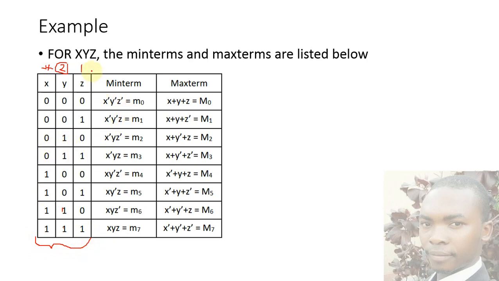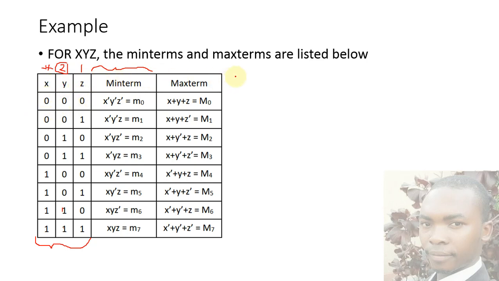Okay, now let's go to the minterm. In the minterm, you just write exactly what is here, but using x, y, and z.